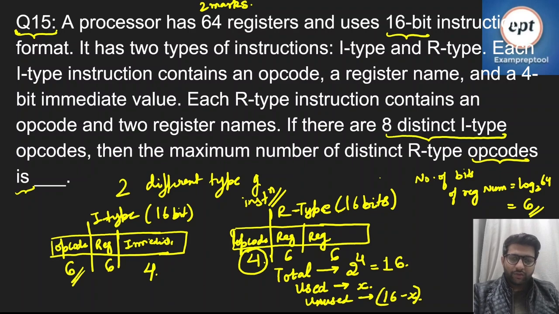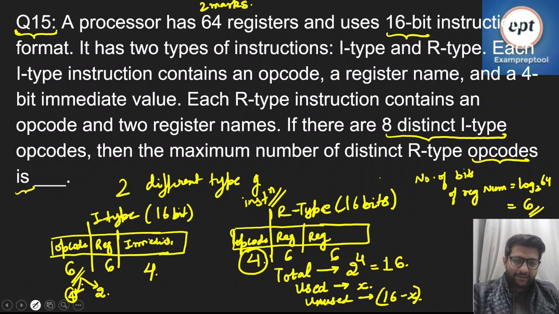right? Now just go to the next immediate bigger value. Out of those, 4 bits were already used by the first type of instruction and 2 bits were remaining, right? Now these 4 bits could have represented 16 different values. However, out of these 16 different values, X values were already used, right?